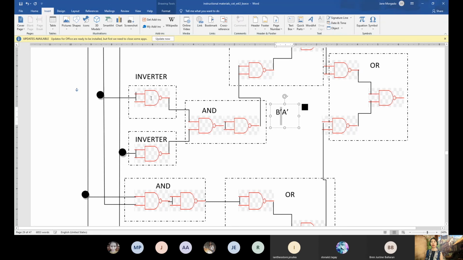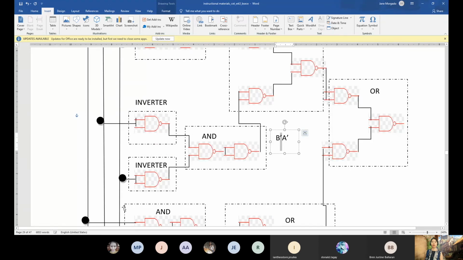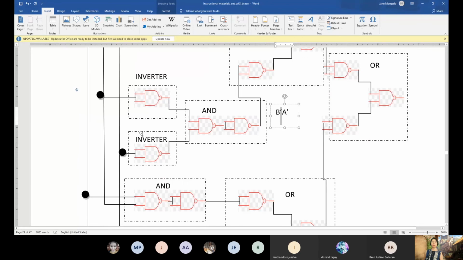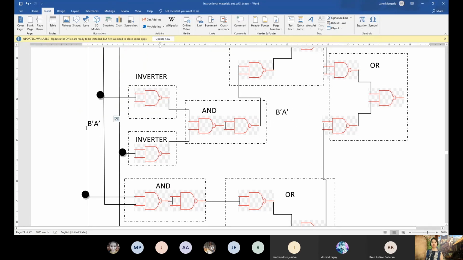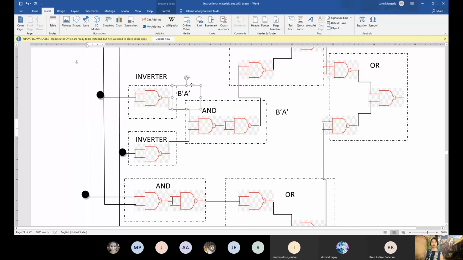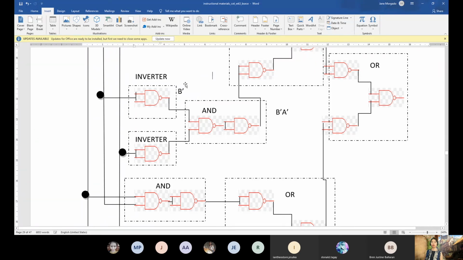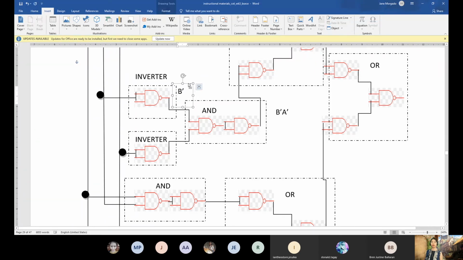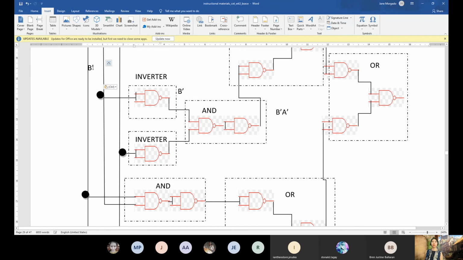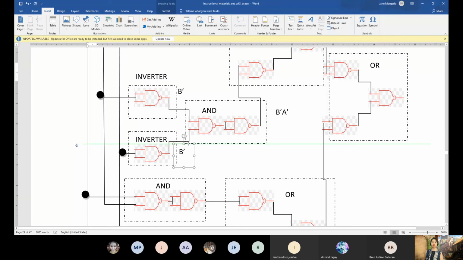This is inverted B and A, so this input for B is actually B prime, and we have A prime.